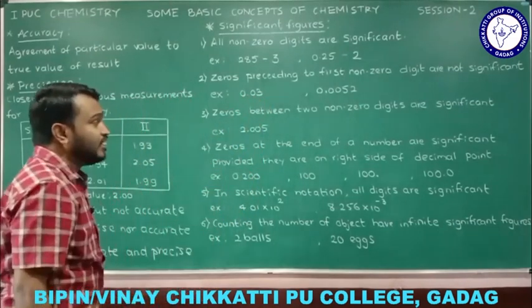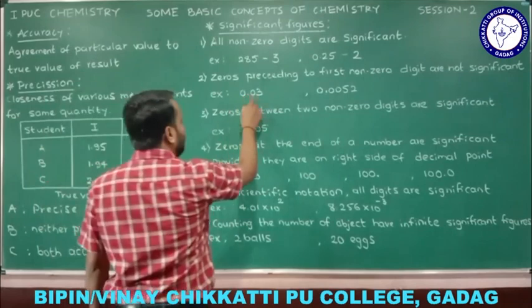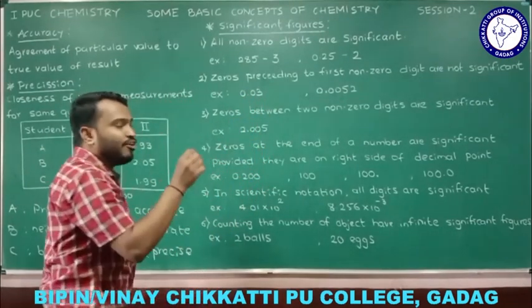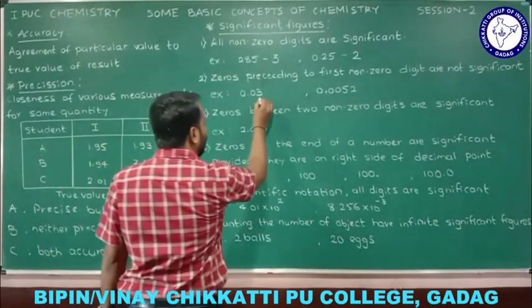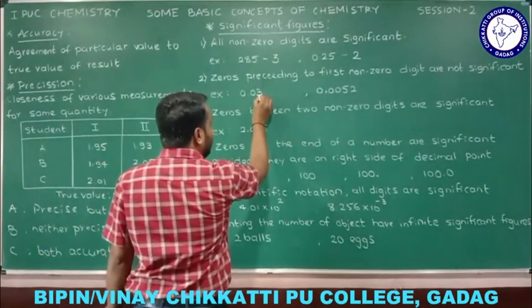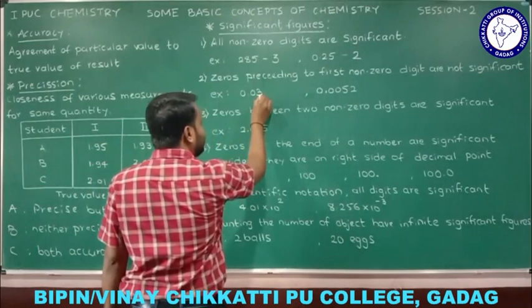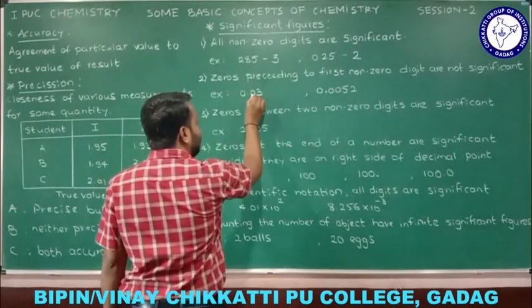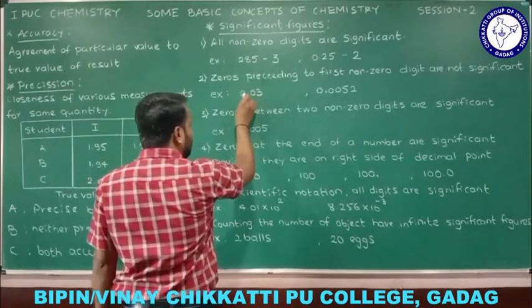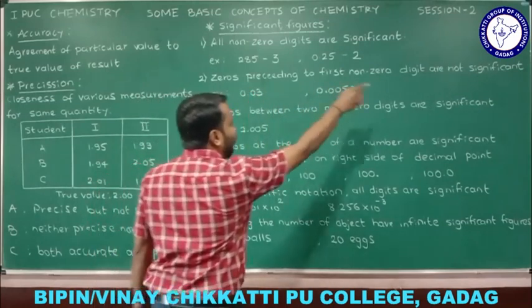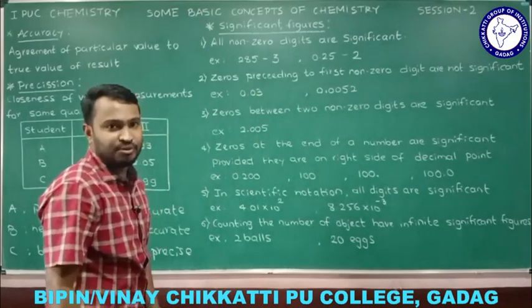The example I considered is 0.03. In this example, you consider which is the first non-zero. The first non-zero is 3. So, zeros preceding the first non-zero: this is the 0 preceding 3, and this is also a 0 preceding 3. So these zeros are not significant, according to the rule.